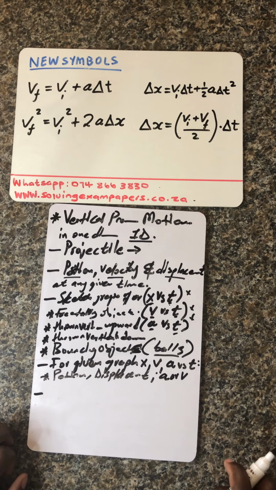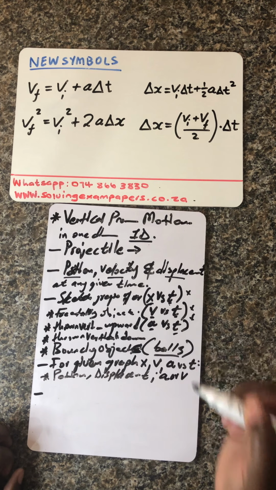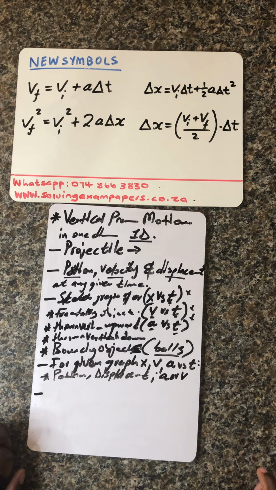which means we are getting distinctions in physical sciences. Ladies and gentlemen, as we move on, for a given position versus time graph, for a given velocity versus time graph, for a given acceleration versus time graph, we can describe the motion of the object for the following.